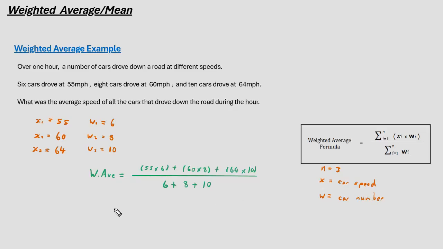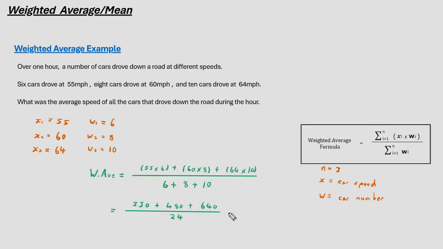And proceeding with these sums a bit further gives us 330 plus 480 plus 640. This is all over 24.